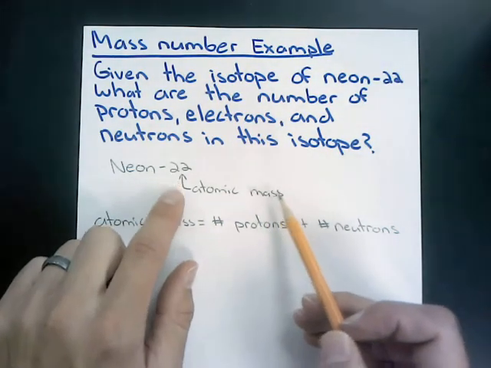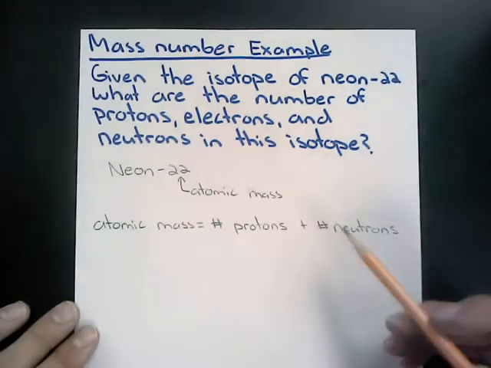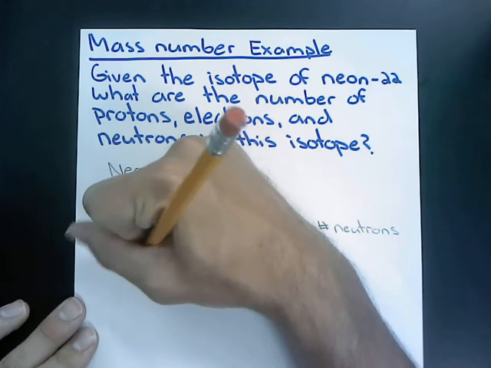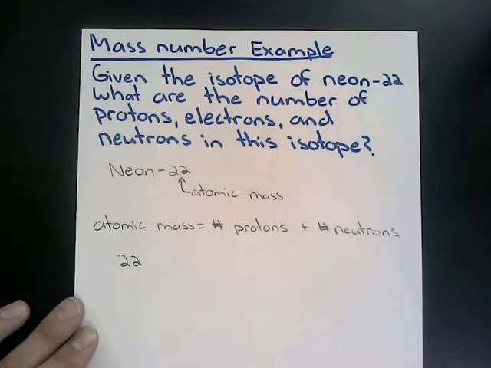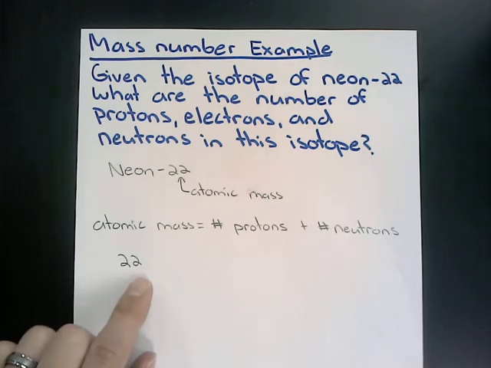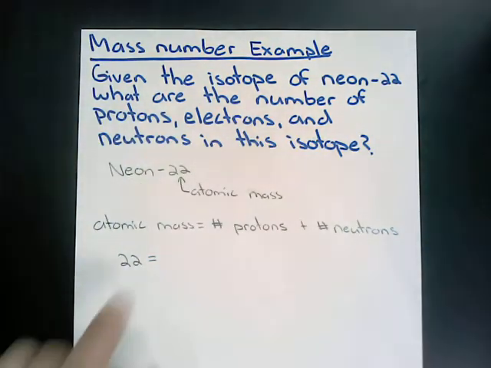Again, that dash 22 should be the atomic mass, like I have written here now. So for neon, the 22 becomes our atomic mass, and if you wanted to be particular, that would be 22 AMU, or atomic mass units. Then we can set this equal to the number of protons.